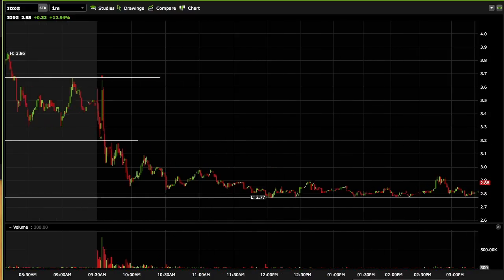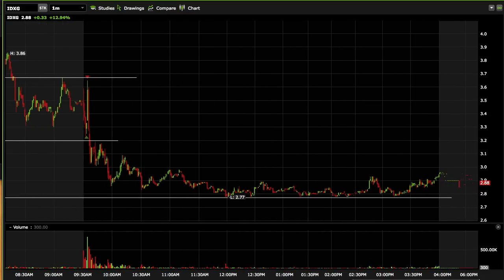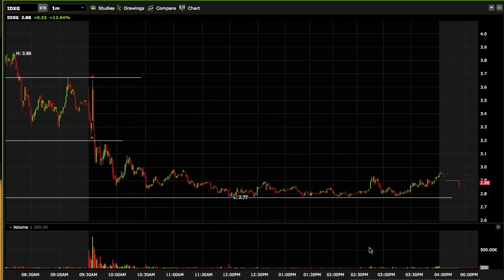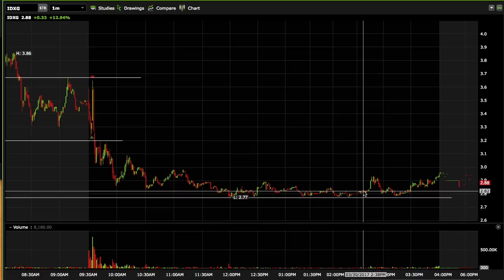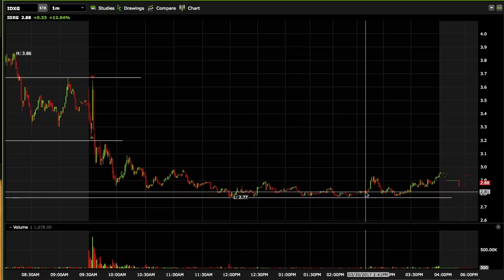I also like to look at magnet levels, and that's where a stock will kind of just flow through. You could draw this right in the middle of this price action, and you'll see that the magnet level is kind of like 280.